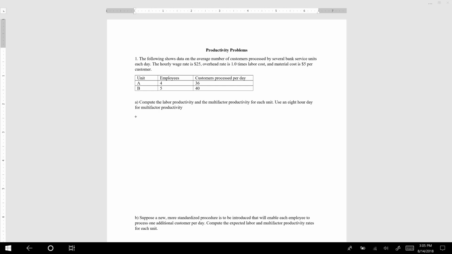Labor productivity. I will represent it by LP is output divided by labor.